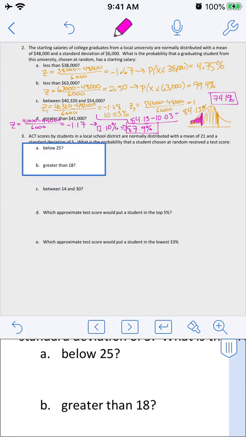Now, I could draw a curve, but a z-score is going to tell me that too. So why don't we just start with a z-score? This is another one of those problems where I recommend you pause the video and give it a shot on your own. Don't take too much time, but go ahead and pause, try it out, maybe do A through E. When you feel ready, turn the video back on.